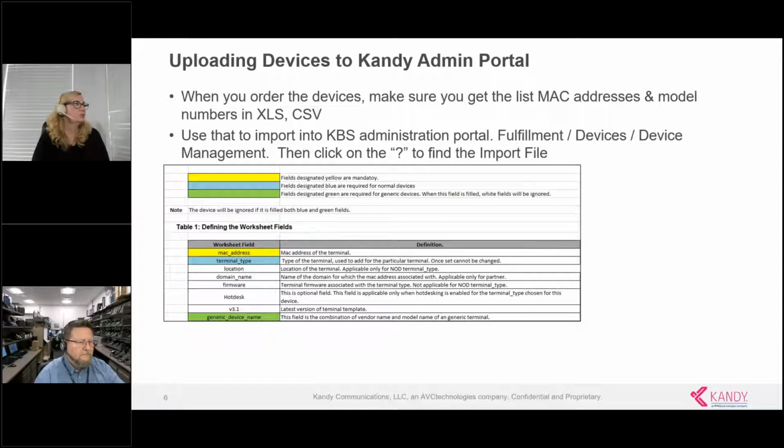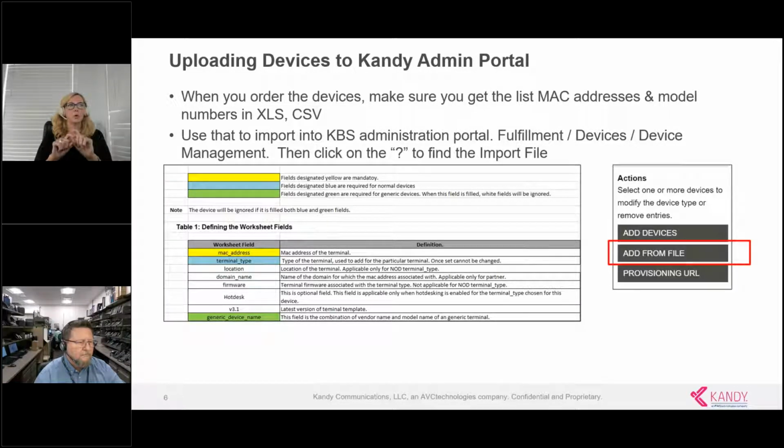Now, you could put location and domain name and firmware and enable or disable hot desking if you want to, but just remember that once you download that file, you take the spreadsheet or CSV file that the VAR gives you, the distributor for the phones, upload them into this and format this. You can hit add from file and you can import that file in.